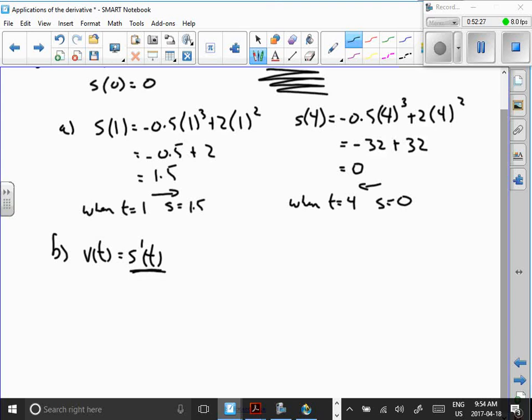Okay, so velocity is s prime at t. Well, s prime at t is the derivative of negative 0.5 t cubed plus 2t squared.